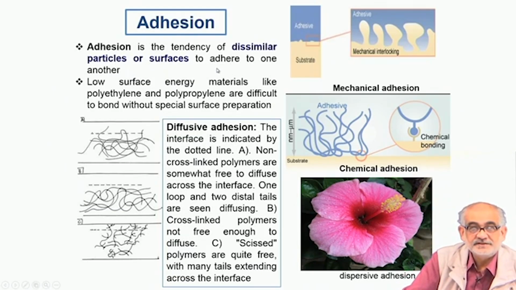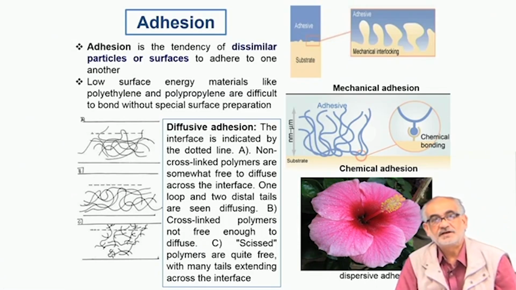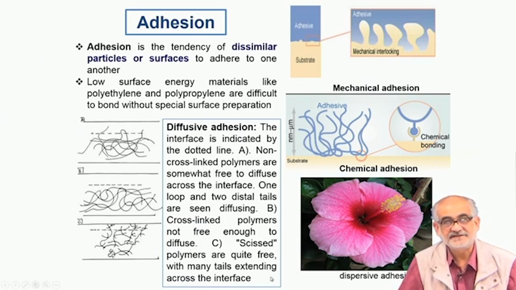The two surfaces can have a natural tendency of adhesion, or we can apply material in between, for example a glue or a gum, which can lead to chemical adhesion. So, adhesion can be mechanical or chemical in nature, but nevertheless it is very important for us to be able to join two solids of dissimilar nature.